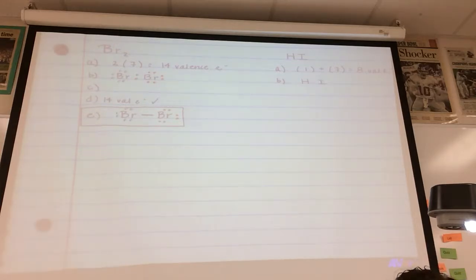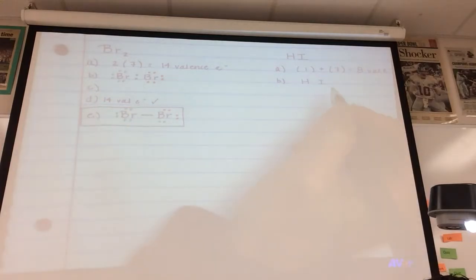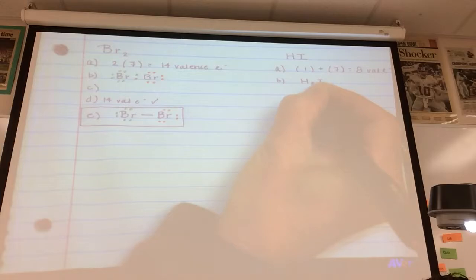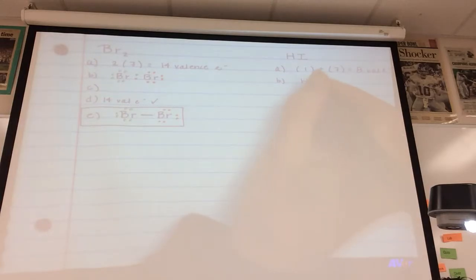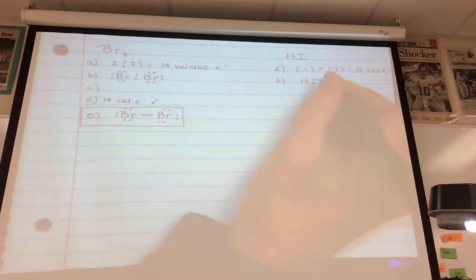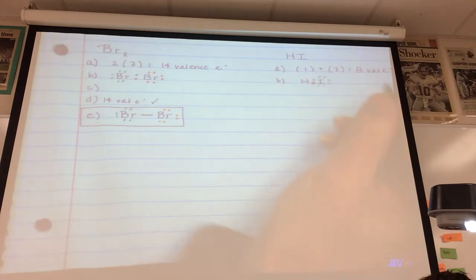The next thing I'm going to do is put my valence electrons in. The first one always goes between. Here's hydrogen's valence electron. Here comes iodine, first one between. 1, 2, 3, 4, 5, 6, 7.